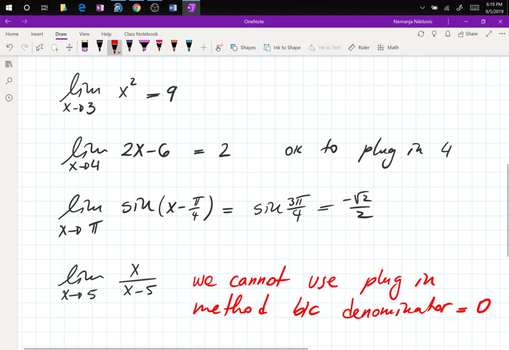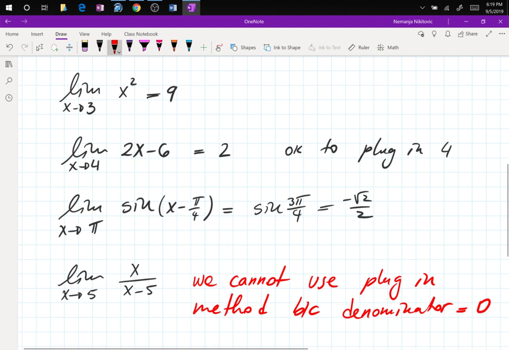So you have 3 examples where your answer is 9, and then 2, and then negative square root of 2 over 2. Anytime when you plug the value into the formula within the limit, and you get the numerical finite answer, you are good to go with that answer.